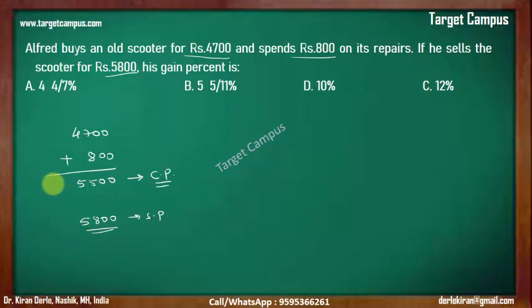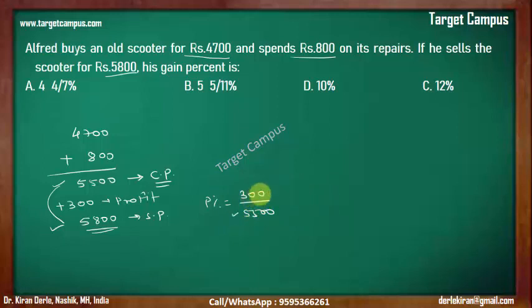So if this is cost price and this is selling price, what is his profit? The profit is 300. Very simple question. We know profit percent is equal to profit upon cost price. Profit or loss percentage is always calculated on cost price only.